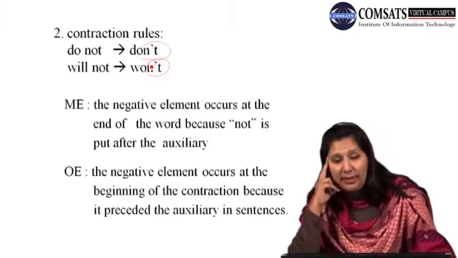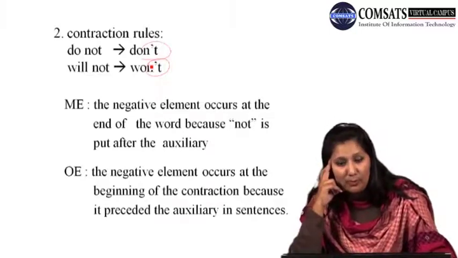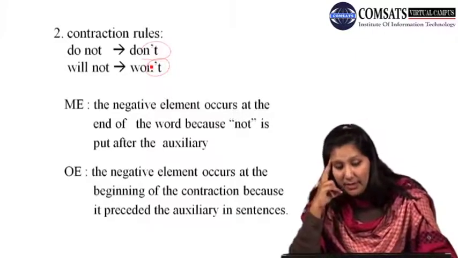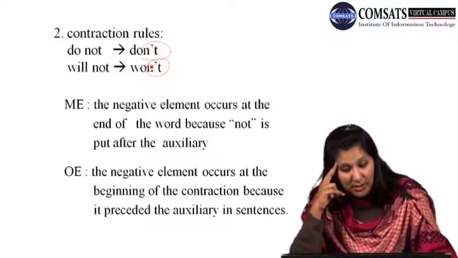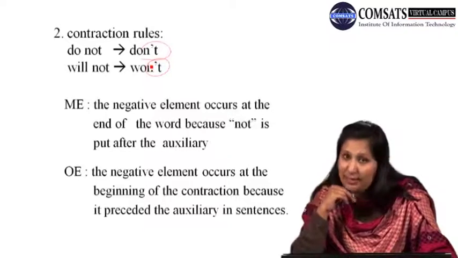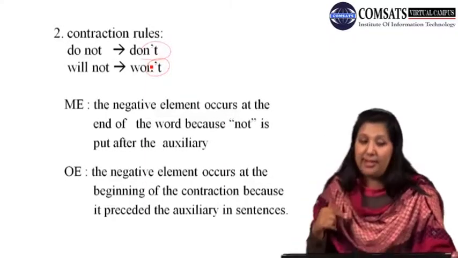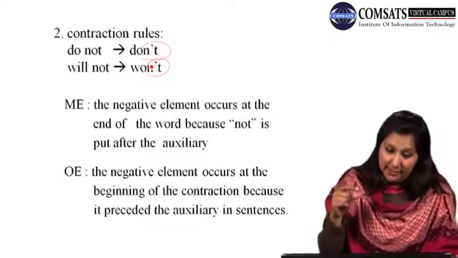This is a thing that I was talking about modern English, whereas in Old English the negative element occurs at the beginning of the contraction because it precedes the auxiliary in the sentences. See the change, a great change is there. We have talked about contractions.